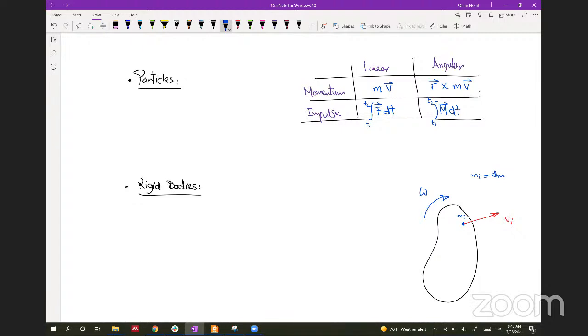So we define an x-axis like this and a y-axis like that, and this is point P. So we will take the angular momentum of the mass mi about P. Okay, so let's first start with the linear momentum of the rigid body.